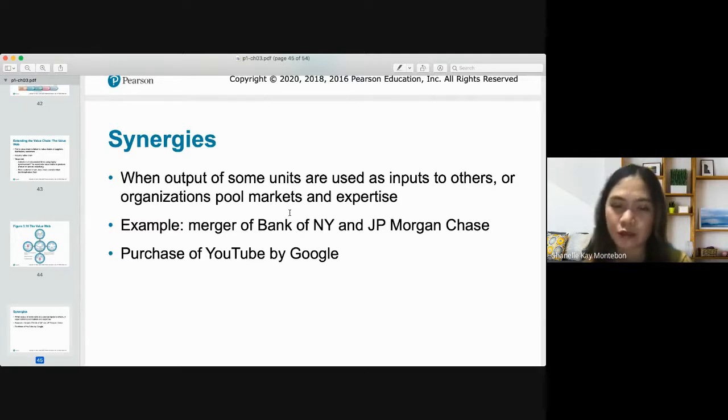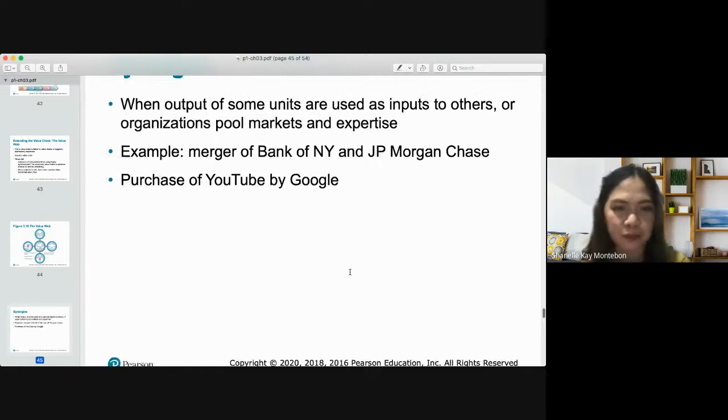An example of this is the merger of the Bank of New York and JP Morgan Chase and the purchase of YouTube by Google. So there are inputs of YouTube na kailangan ni Google, or there are also inputs of Bank of New York na kailangan ni JP Morgan Chase and vice versa.